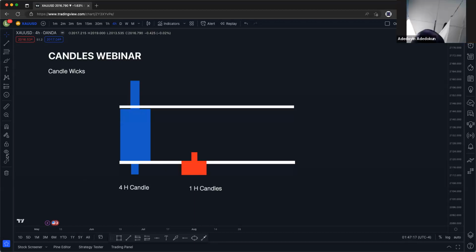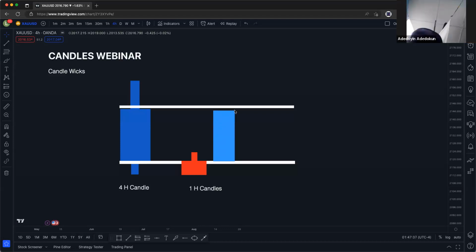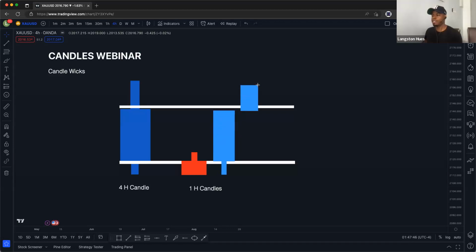But the next 1-hour candle actually drove up, breaking the high of the previous candle. Let's say it drove up to here, right? Leaving this wick down here. And then the candle after that, let's say it drove up to here, right?